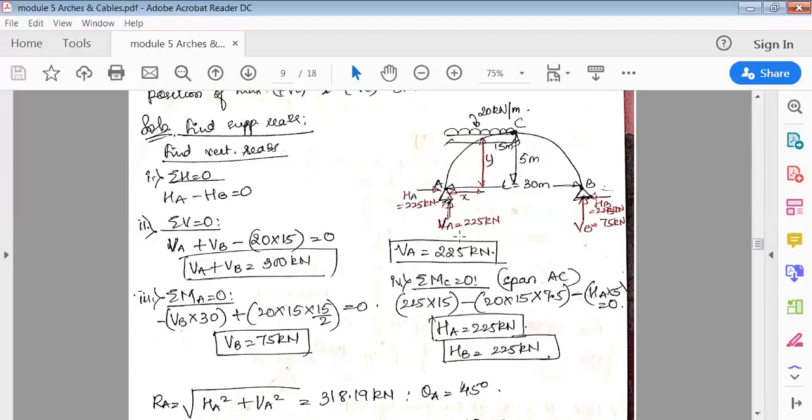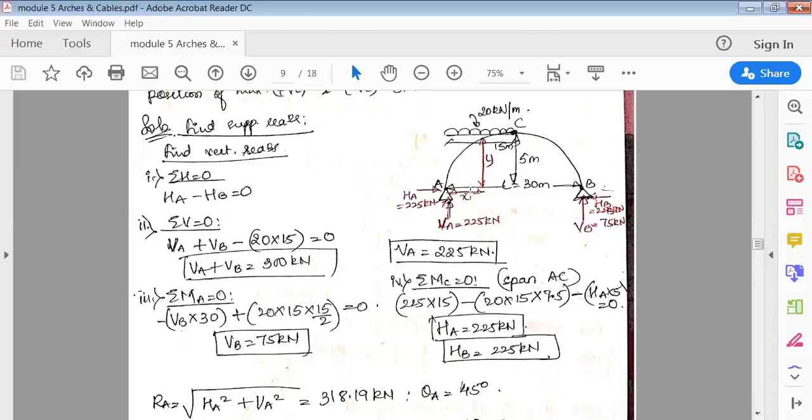Now we know VA and VB. On the left side, VA is acting, so it is VA, that's 225, into perpendicular distance 15. On the left side, clockwise is positive, anti-clockwise is negative. So this is clockwise positive. The UDL, 20 into 15 into 15 by 2, is anti-clockwise.